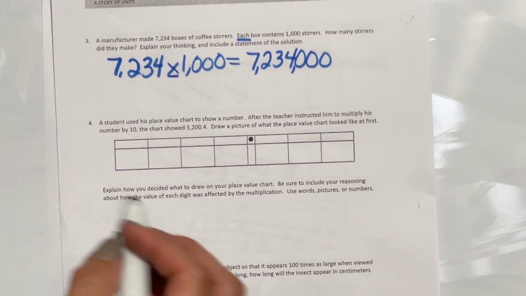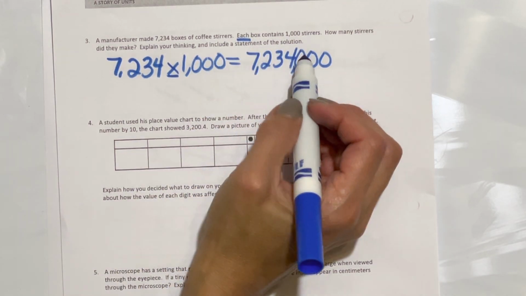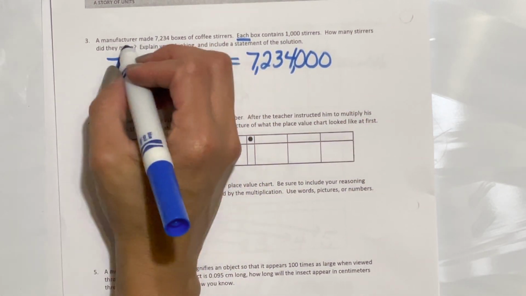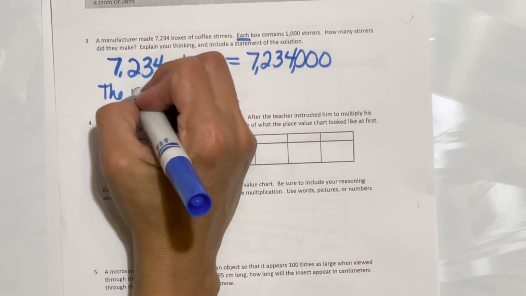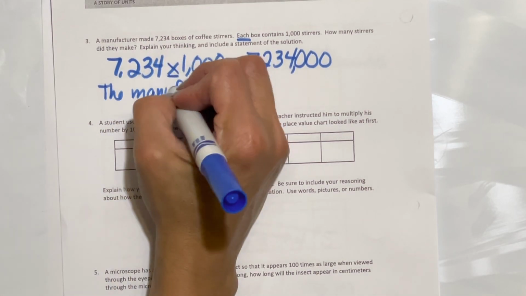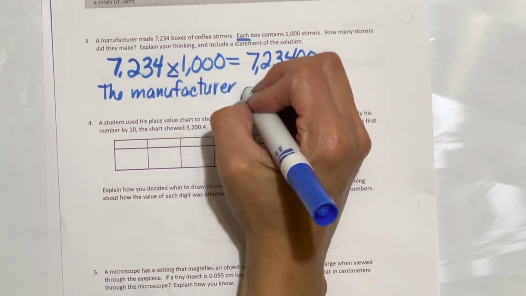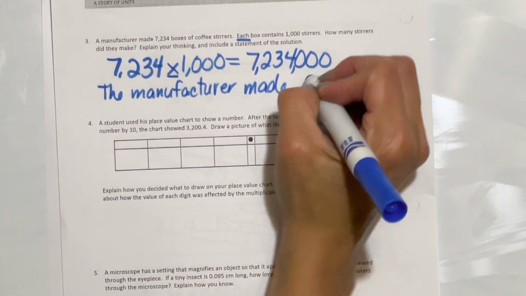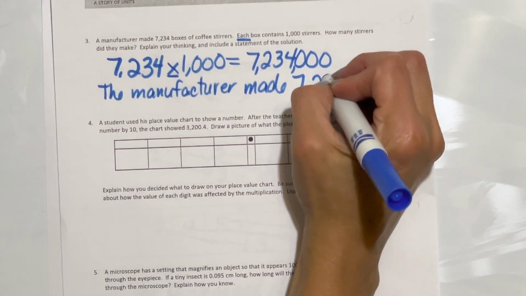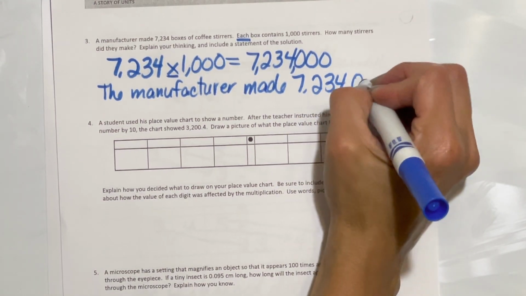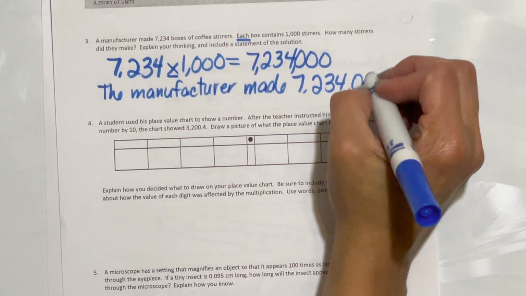Well, we just talked out our thinking and include a statement of solution. So the manufacturer made 7,234,000 stirrers.